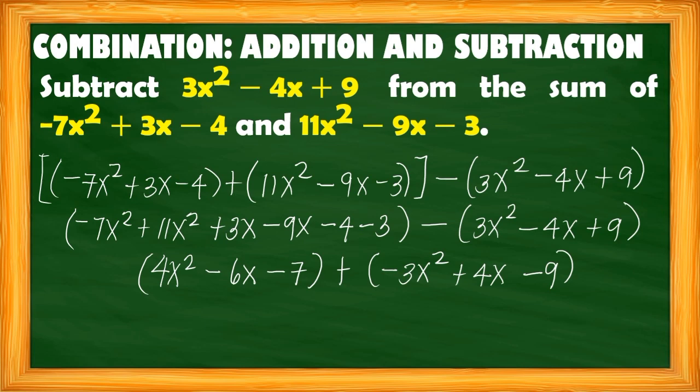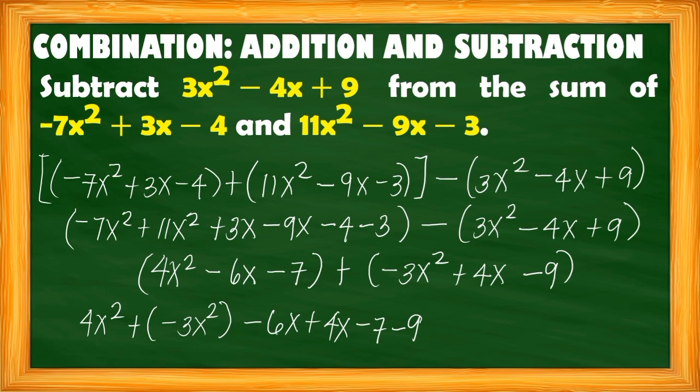So, sa last process natin, 4x squared plus negative 3x squared. And then minus 6x plus 4x minus 7 minus 9 equals yung final answer natin.